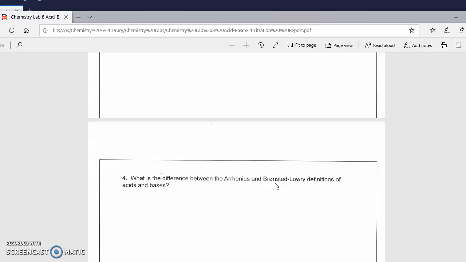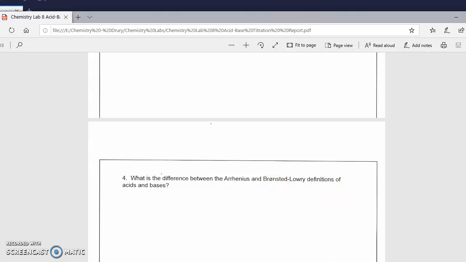So Arrhenius is in terms of H plus ions and OH ions, respectively, for acids and bases, whereas Bronsted-Lowry always depends upon the hydrogen ion being involved. So it is hydrogen ions as donors for acids and as acceptors for bases.